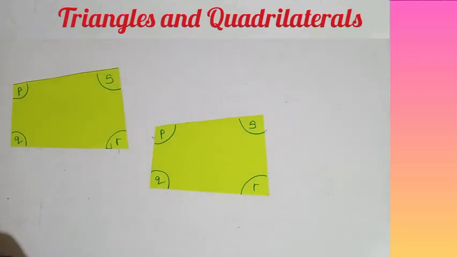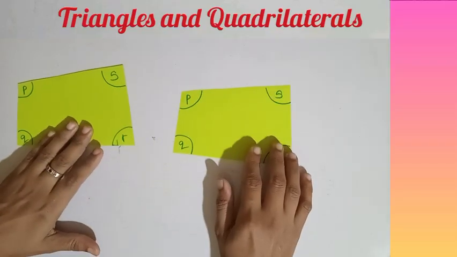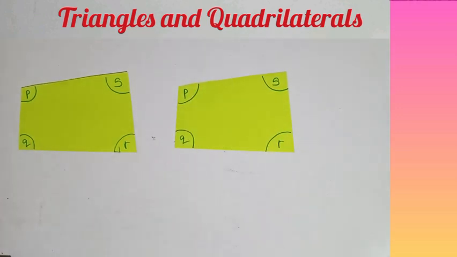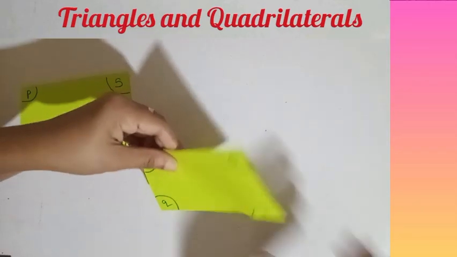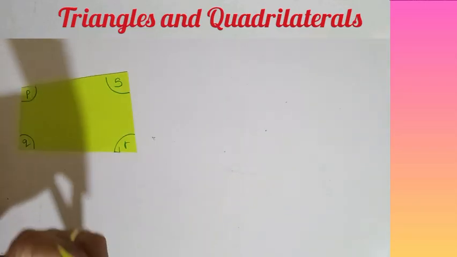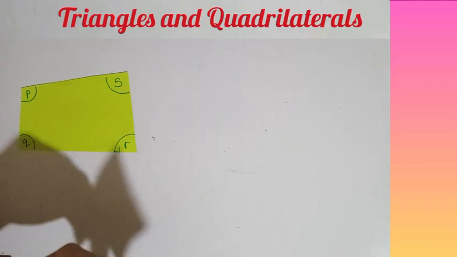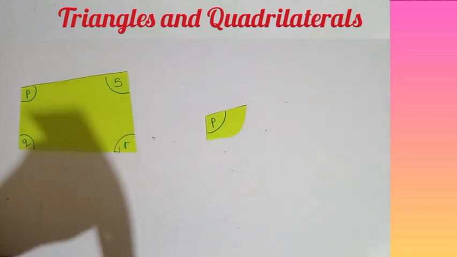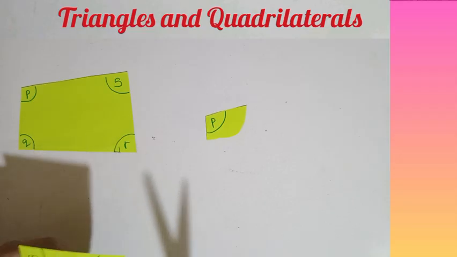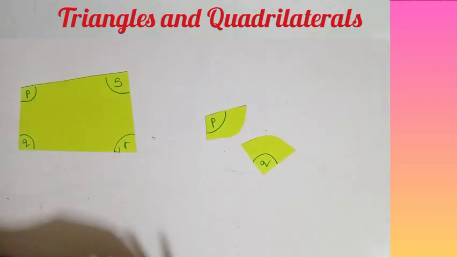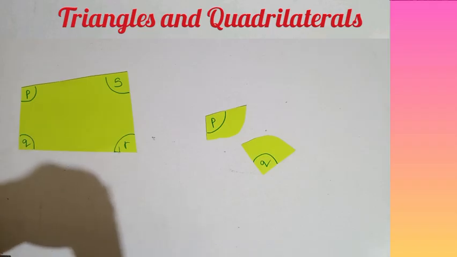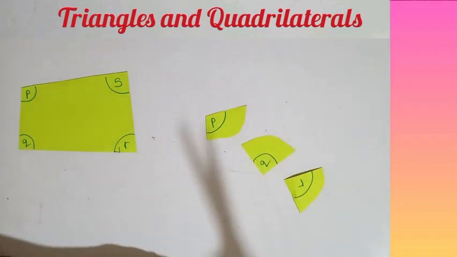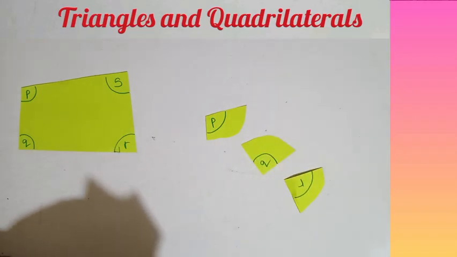Then let's keep one quadrilateral aside, and in the same way we'll cut and separate the four interior angles of the other quadrilateral by using a scissor. P, then Q, R and S. These are the interior angles of this quadrilateral.